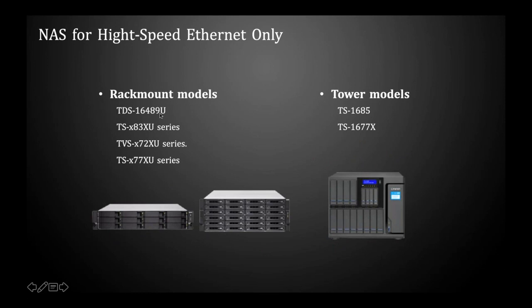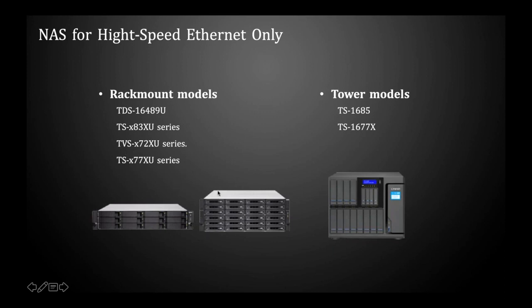The TDS16489U has 2 Xeon E5s, very fast throughput. We're just releasing our TS83XU series, which should have very fast throughput, very fast IOPS, an excellent NAS. Our TBS X72XU series also should have very fast throughput, a little bit less than the 83 series, but still very good and at a very good price point. And our X77XU series is also very good throughput and a good price.